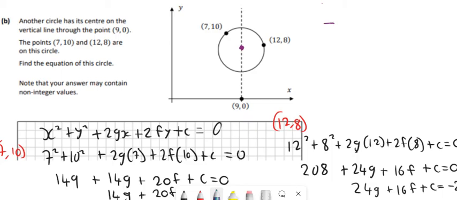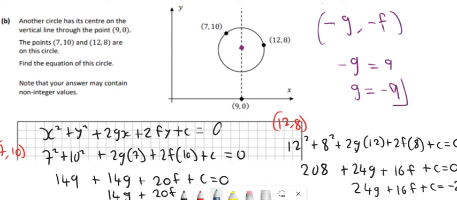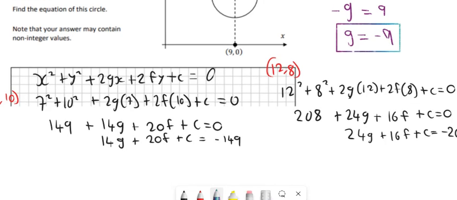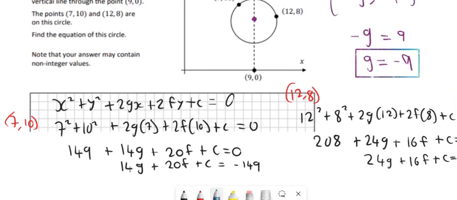Now, if you remember, the centre of a circle is minus g, minus f. But we know that the x coordinate of it has to be 9. That means that the minus g bit for the centre has to be equal to 9. Therefore, g has to be equal to minus 9. And that's the hardest bit in this part of the question. So g is equal to minus 9.